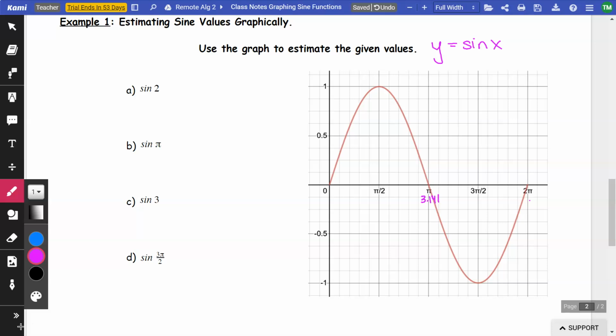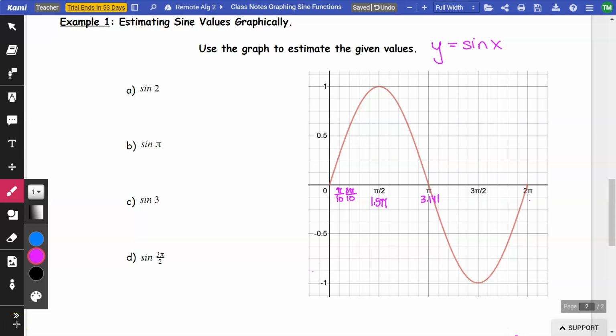Pi divided by 2 is 1.57. It looks like we have 10 spaces here, so this would be 1 pi over 10, this would be 2 pi over 10, 3 pi, 4 pi, and 5 pi over 10 reduces to pi over 2, which is the same thing as 1.571.